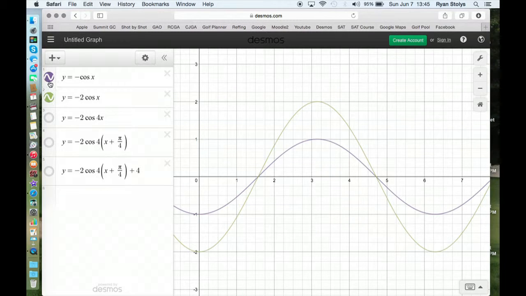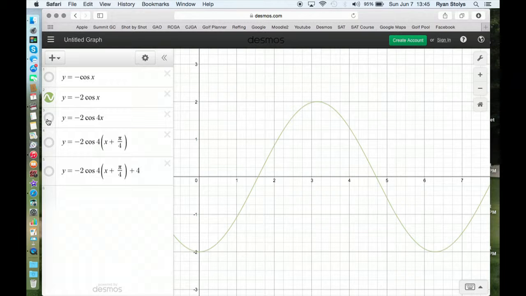Now we will add our first translation of the 2. So as you can see, it was stretched by a factor of 2. It is at negative 2 at 0. The x-intercept remains the same. It is stretched up to 2 at pi, and then goes back down to negative 2 at 2 pi.